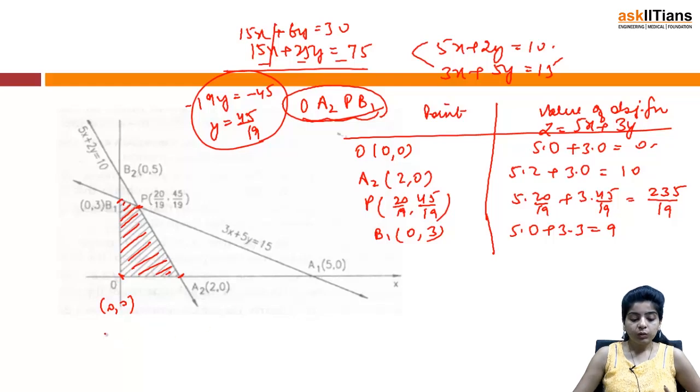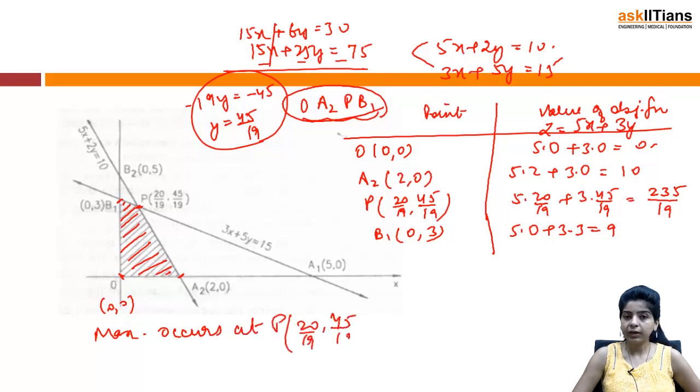So the maximum occurs at P, 20 by 19, 45 by 19. You can see the maximum value occurs at this particular point.